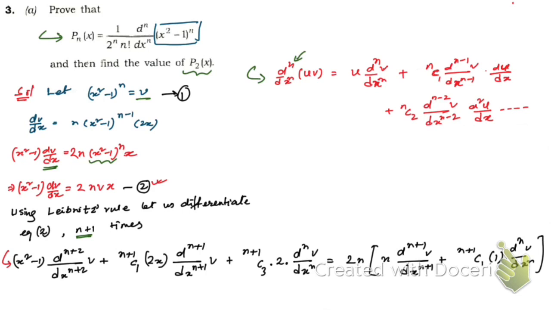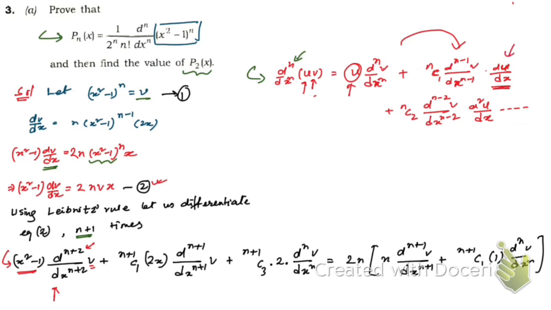So here you see, we have the n plus 2 order derivative of v, and the 0th order derivative of this. That means in the first term we differentiate only the second function, not the first function. This is the first function. In the next term we differentiate the first function u once.